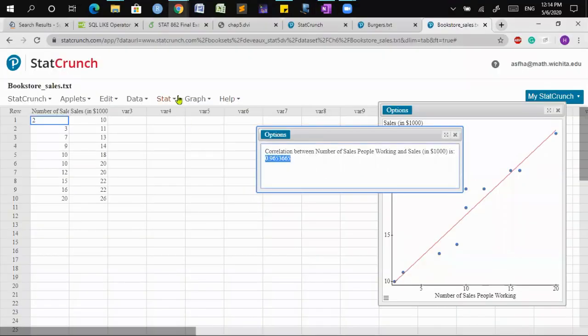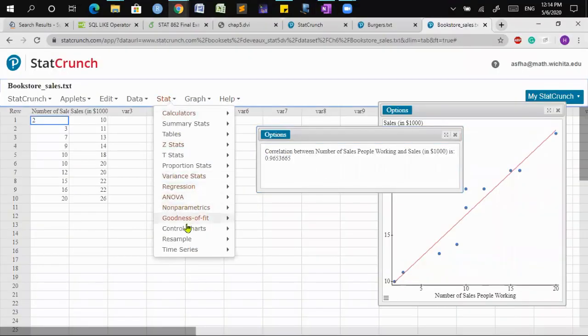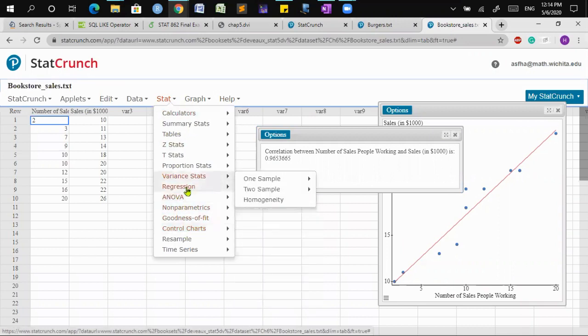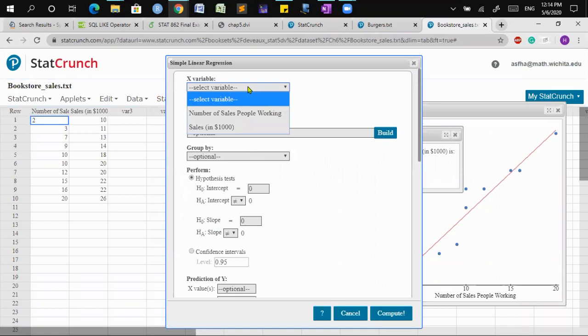And another way is we go to regression, simple linear regression. Then here we select the variables, X variable and then Y variable. You don't have to worry about this hypothesis, and we are not going to learn this one, so forget this. It will give you the result, but it doesn't matter.